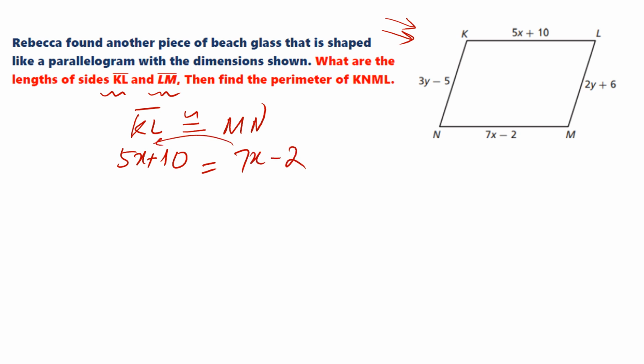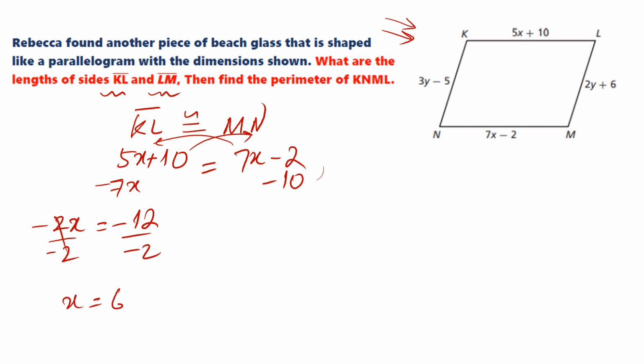Bring the 7x to the other side, we get negative 7x. Plus 10 on the other side, we get negative 10. 5 minus 7 is negative 2x. Negative 2 minus 10, negative 12. Divide both sides by negative 2, so x equals 6.